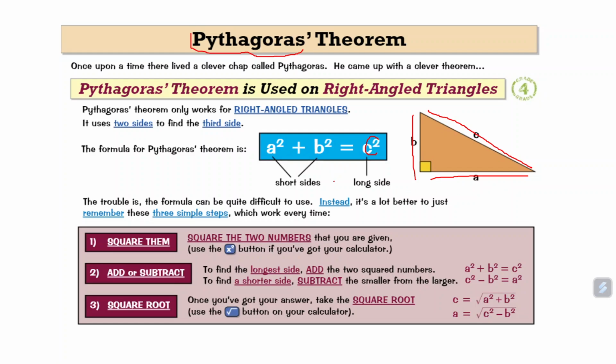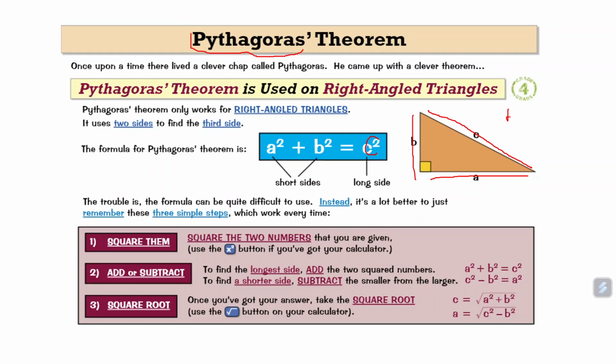The question you ask is, what is the hypotenuse? For the sake of my learners who will struggle with this, I don't want you to worry about those names.